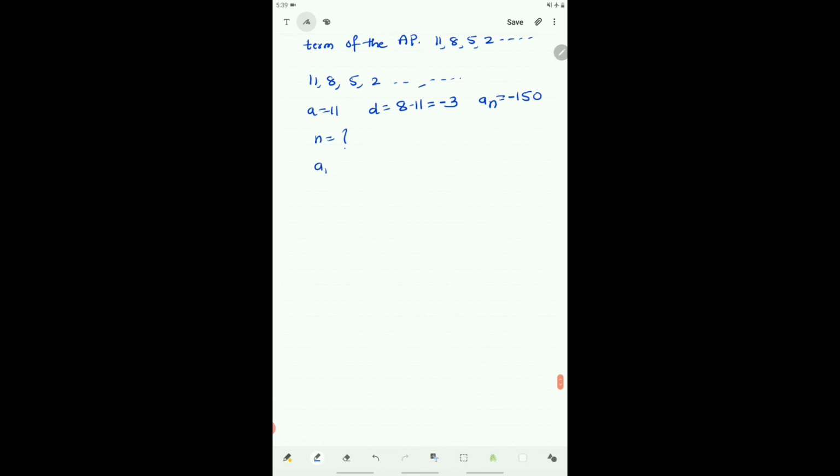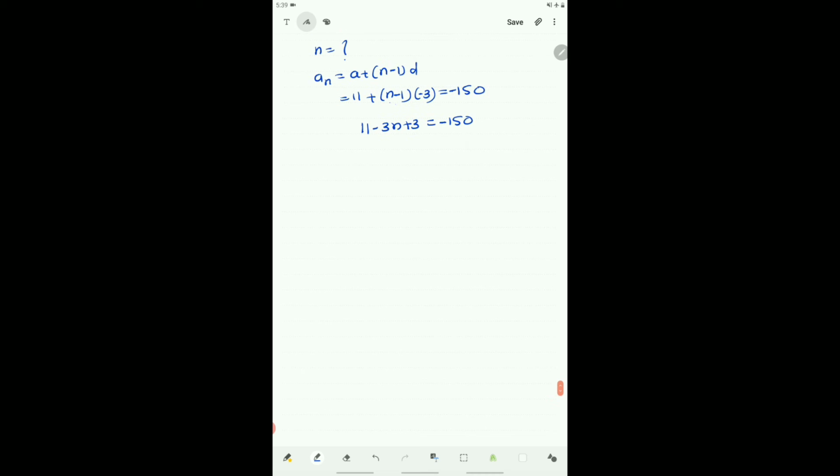Write the formula for an. an = a + (n minus 1) into d. an is given, n we have to find. a is 11 plus (n minus 1) into d, that is minus 3, equals minus 150. Then n into minus 3 is minus 3n, minus 1 into minus 3 is plus 3. That equals minus 150. Then 11 plus 3 is 14 minus 3n = minus 150.